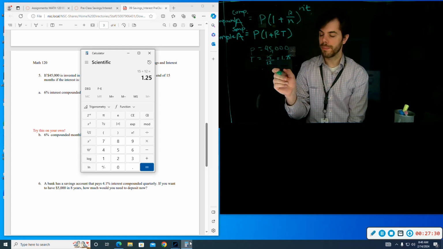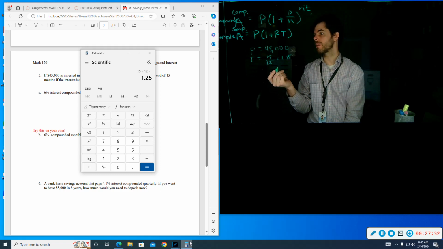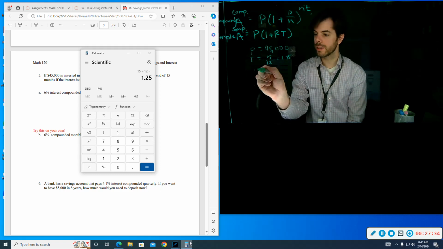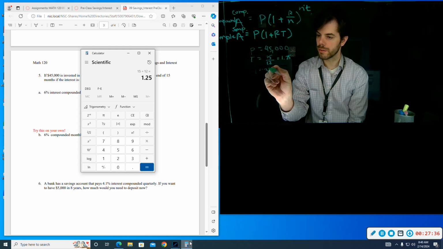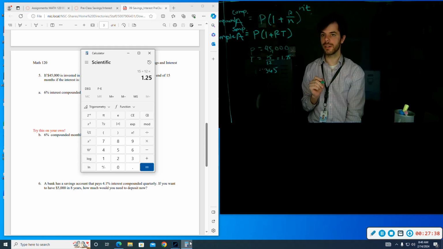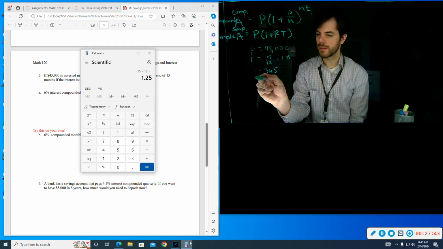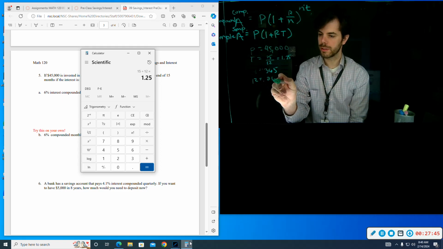And how often is our interest compounded? It's compounded daily. So how many days are there in a year? 365. So that's what we're going to use for our n value. Did they give us a rate? Yes. If I convert that to a decimal, it's 0.06.